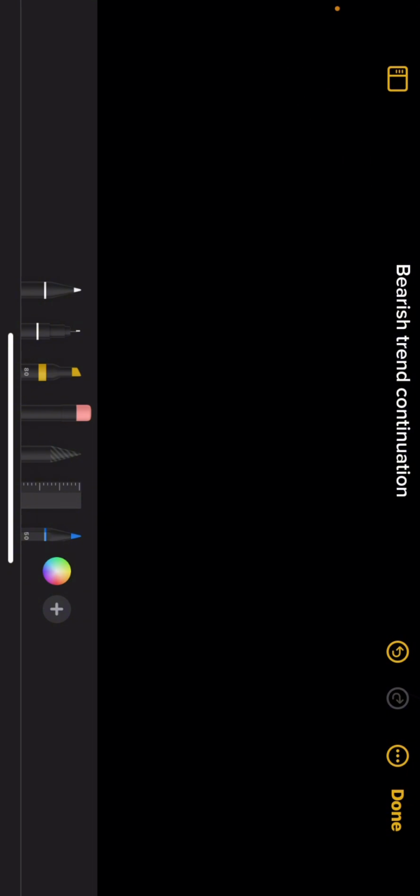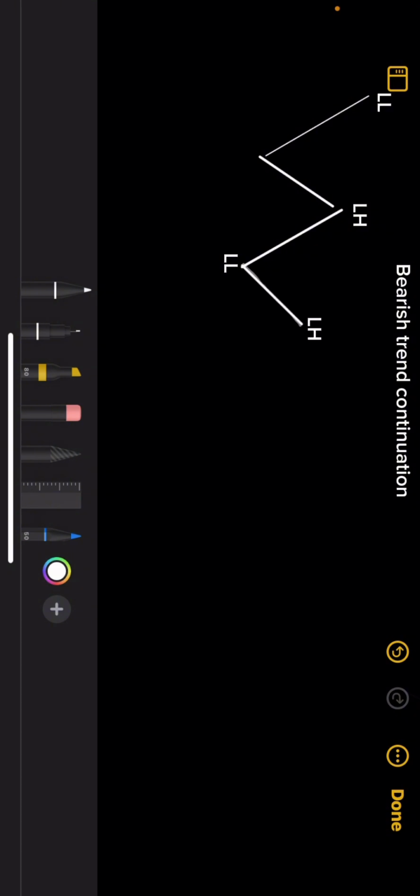So we have the lower low like this, we have the lower high, we have the lower low, yeah, we have the lower high, we have the lower low.